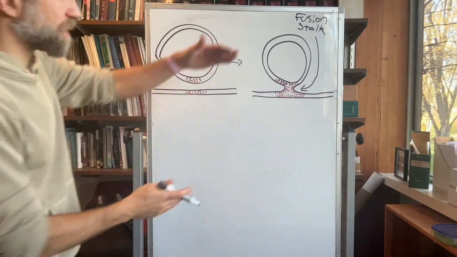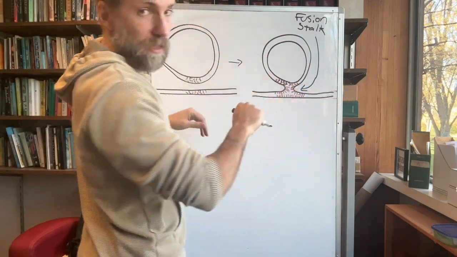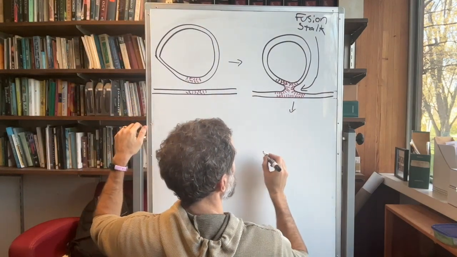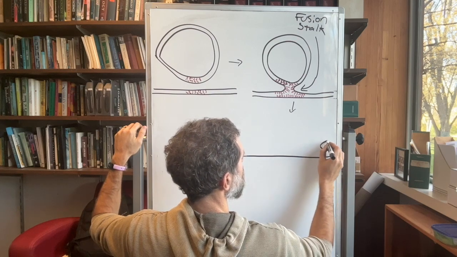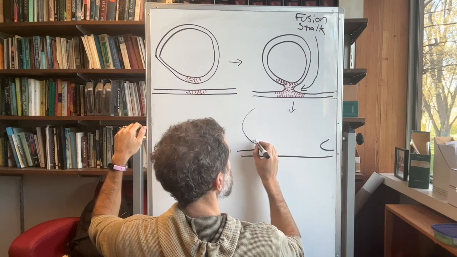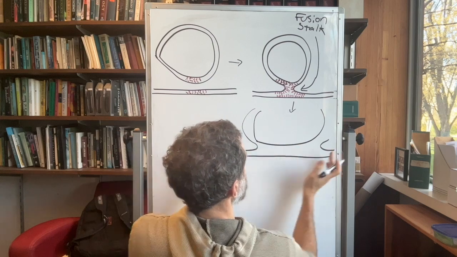And so as this gets pushed down, you can imagine this stalk getting wider and wider. And it looks a little bit something like this as it goes along. I'm not going to draw the whole vesicle.